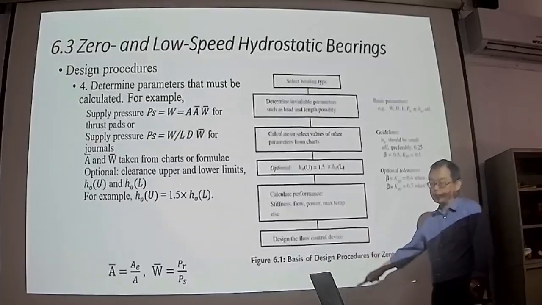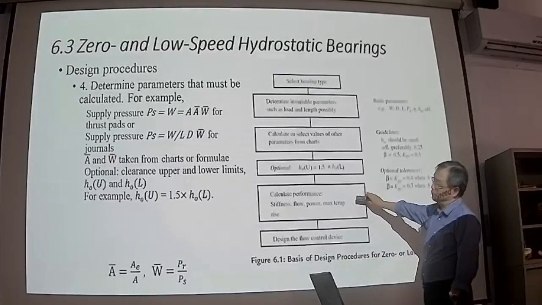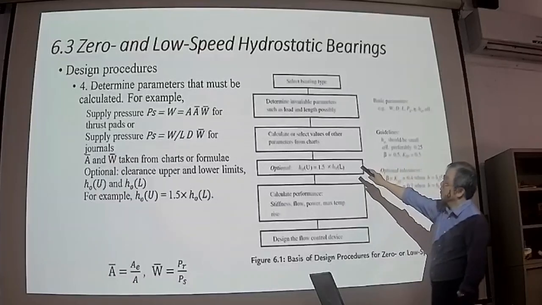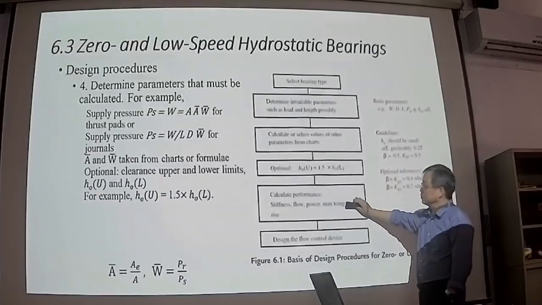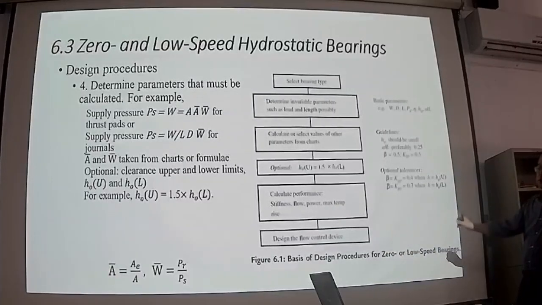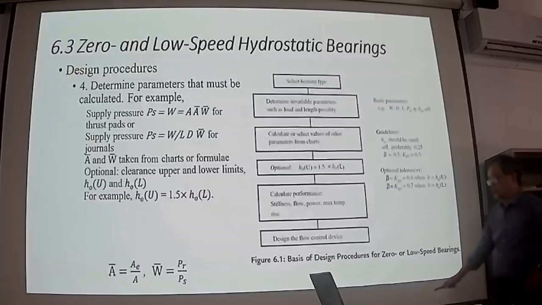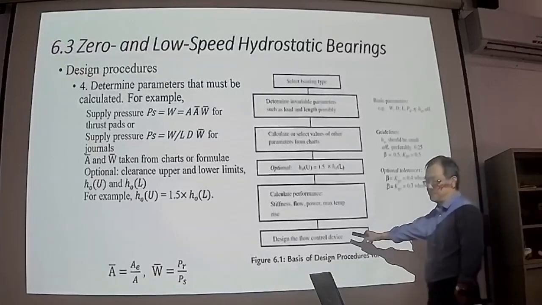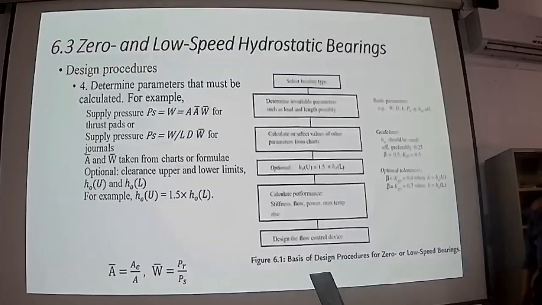Okay. So from the previous four steps here, you have already decided the recess pressure, supply pressure. Then the next step you can select one type of the restrictor.